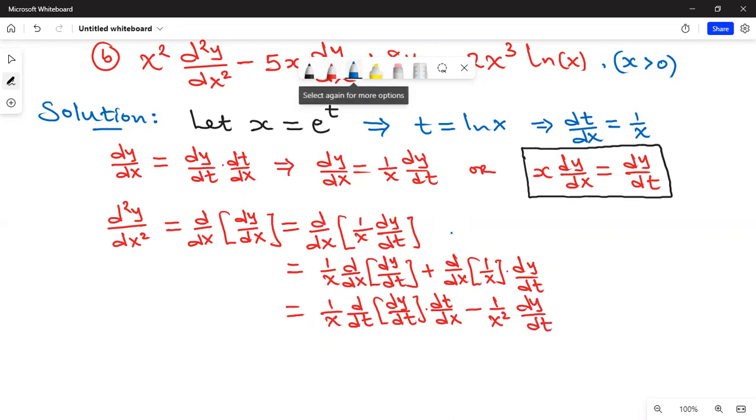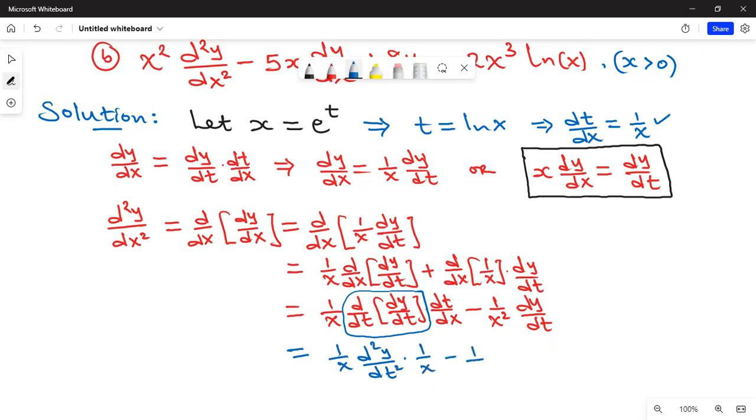And so how else can we write this? The one that I have bracketed is the same as the second derivative of y with respect to t. And remember, dt dx was 1 over x. So this is 1 over x, d squared y dt squared, times another 1 over x, minus 1 over x squared, dy dt.